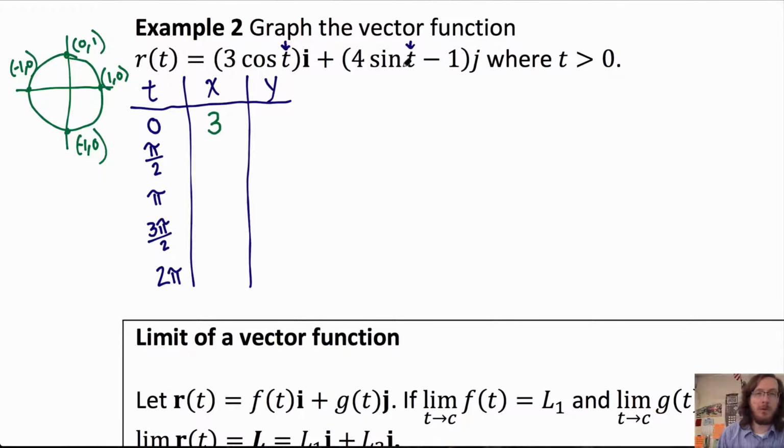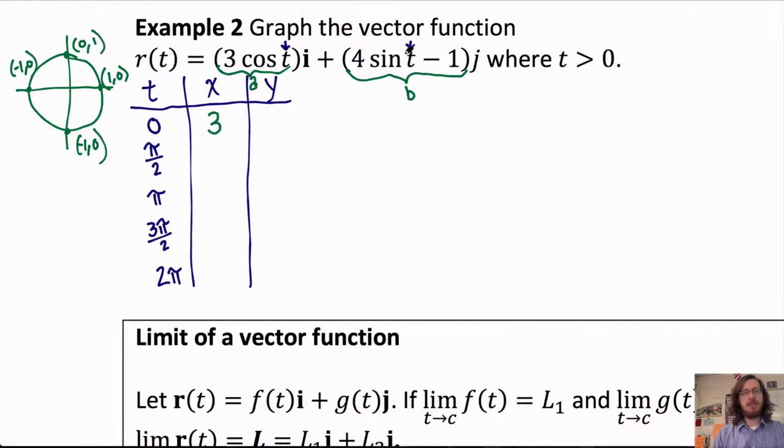For our vertical component, we're going to plug it into our b. Again, think about this as your a i plus b times vector j. The sine of 0 is 0.